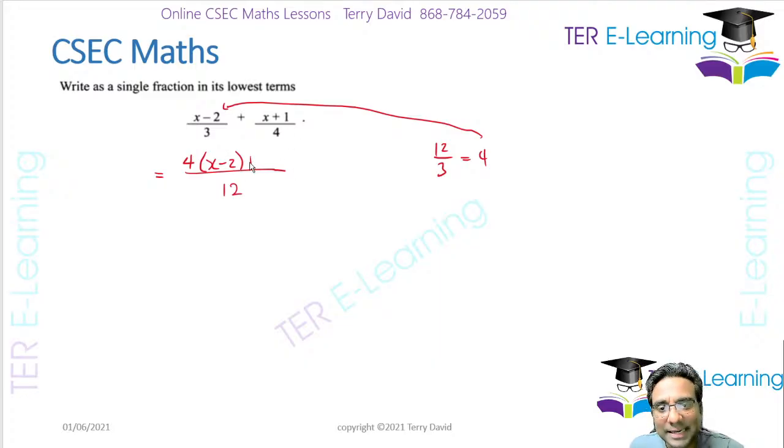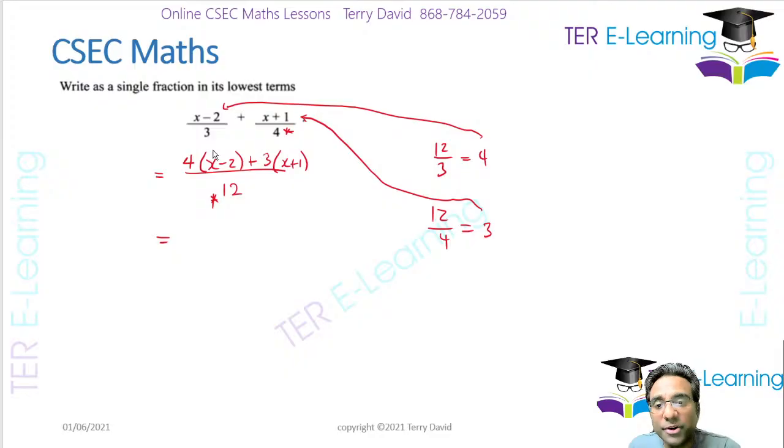Put back your sign here. It's a positive sign. Then we're going to say 12 divided by 4. That is this 12 here divided by this 4. That's going to give me 3. Then I'm going to take that 3 and multiply it by x plus 1. So this is going to be 3 open brackets x plus 1.